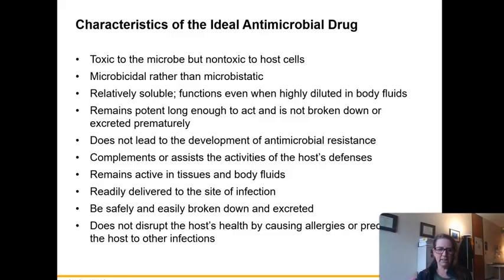All right, next, readily delivered to the site of infection. So this one can be a little bit trickier. If you have an infection in your lungs, maybe you have a biofilm like Pseudomonas in your lungs, to just treat the whole body with this antibacterial medication may not do the trick.